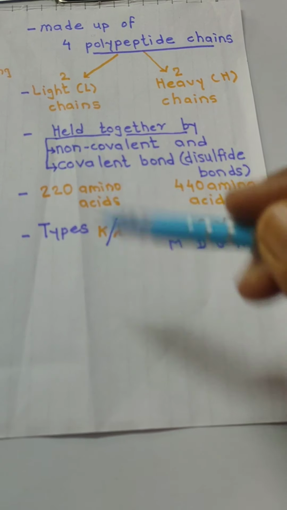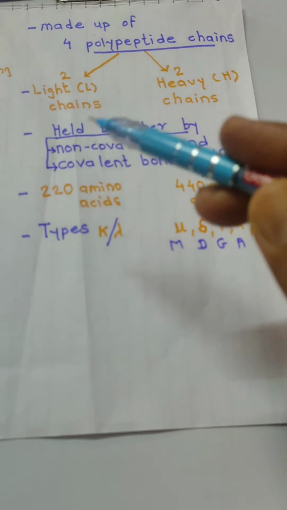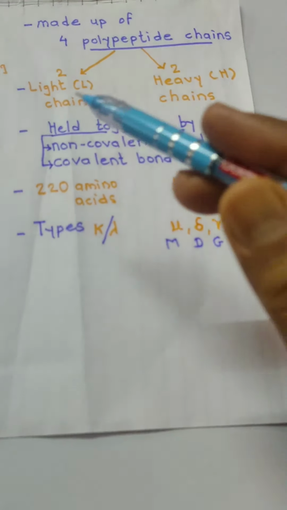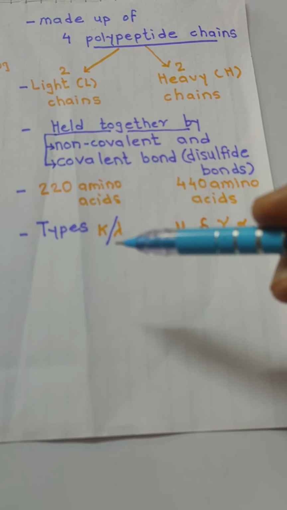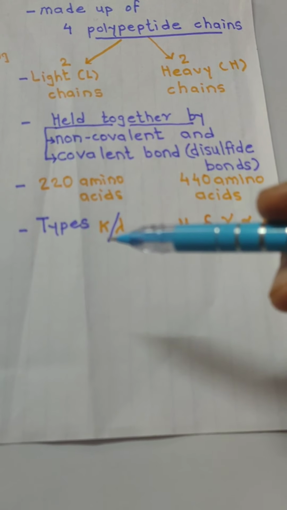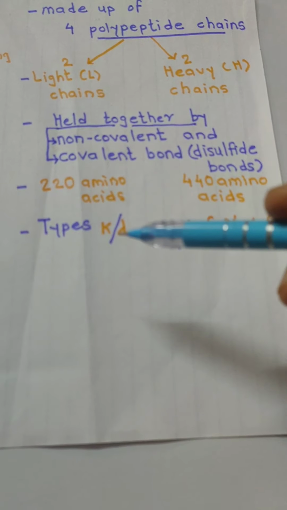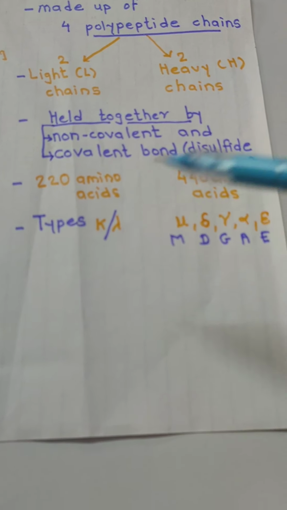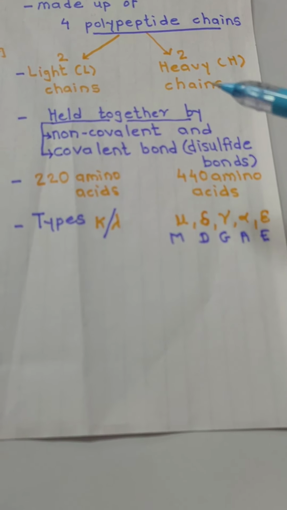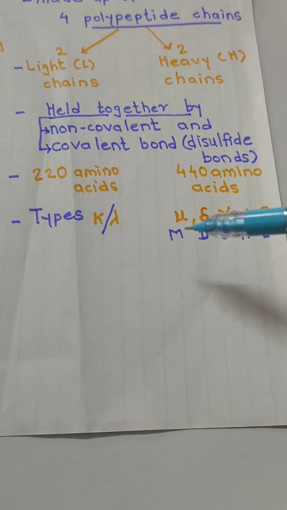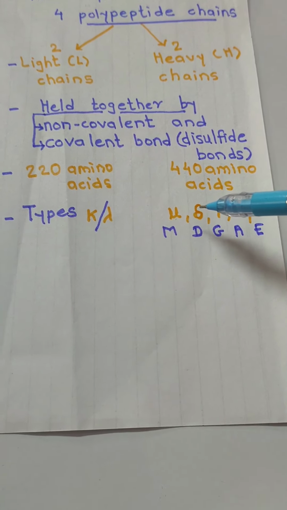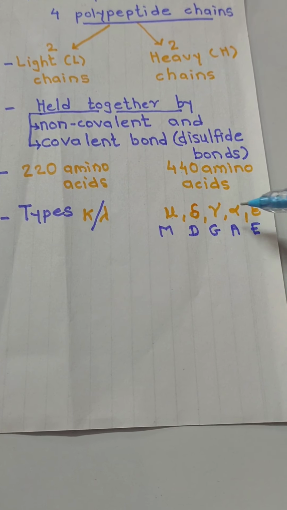If we see the types of light and heavy chain, there are two types of light chain that may be found in immunoglobulins, kappa or lambda, while in case of heavy chain there are 5 different types: mu, delta, gamma, alpha and epsilon.